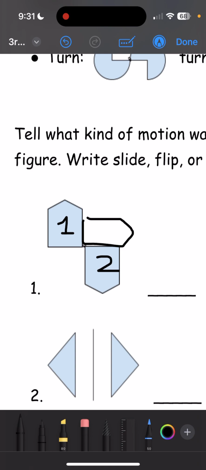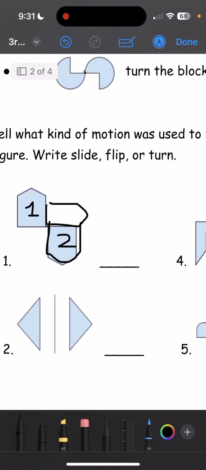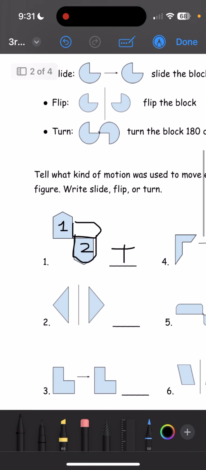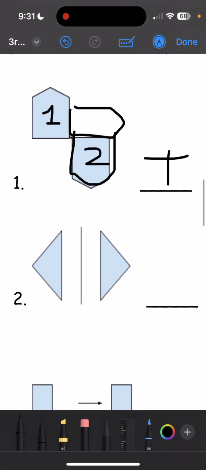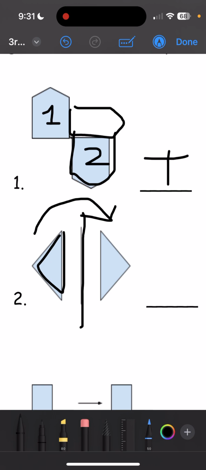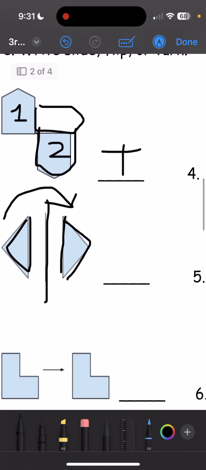When we turn it once again, it would come just in the place where 2 belongs. So this one would be turn. Number 2, we have this line in the middle, and this triangle would have to be flipped over, meaning this point right here is going to come right here and become that exact same triangle. This one would be flip.